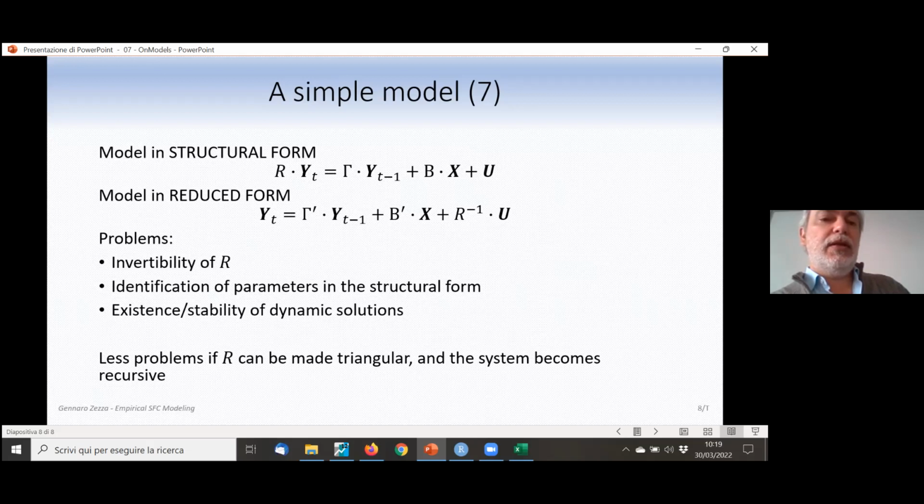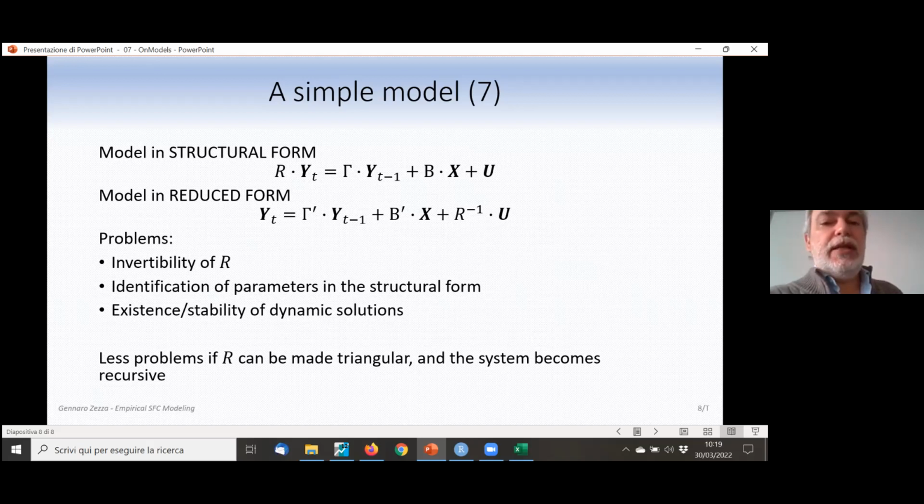And all this story is useful to understand a number of things, which is the first one is that the solution will depend on the invertibility of R. And this implies that you don't want to have linear dependencies among your endogenous variables.